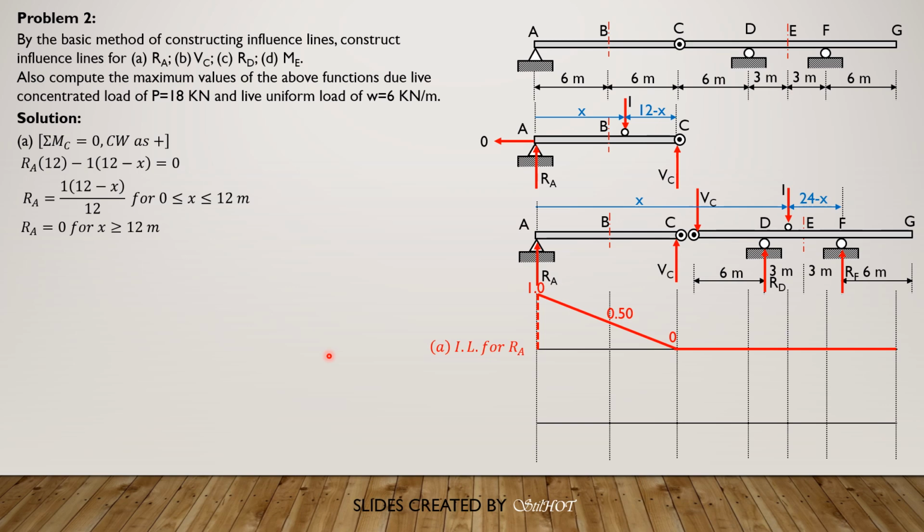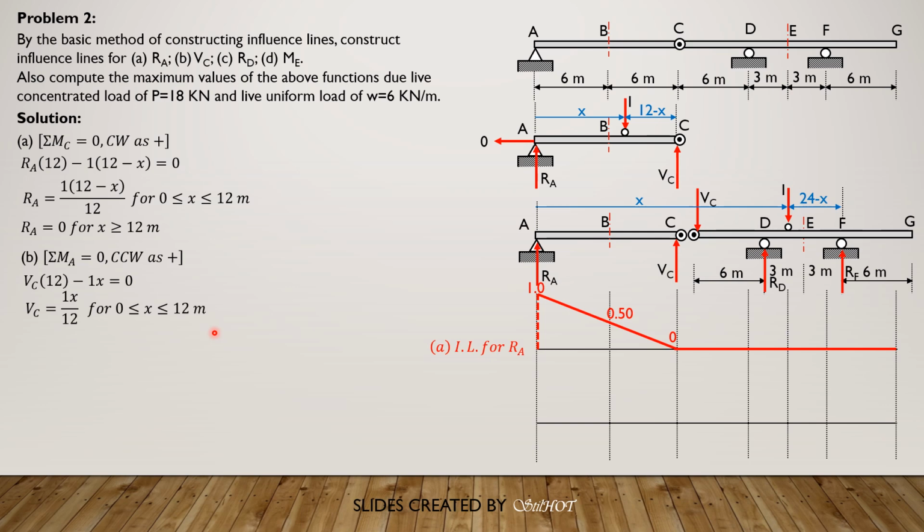For the influence line for shear at C, for 0 to 12 here, summation of moment about A equals 0, counterclockwise as positive. So we have V sub C times 12 minus 1 times X equals 0. So V sub C is 1 times X over 12.